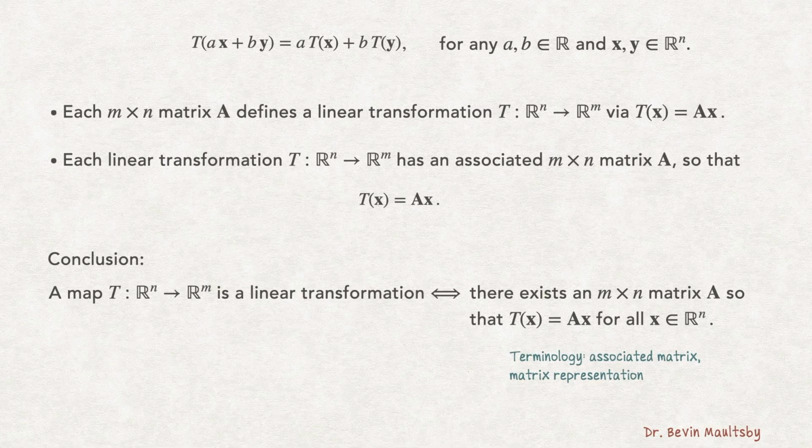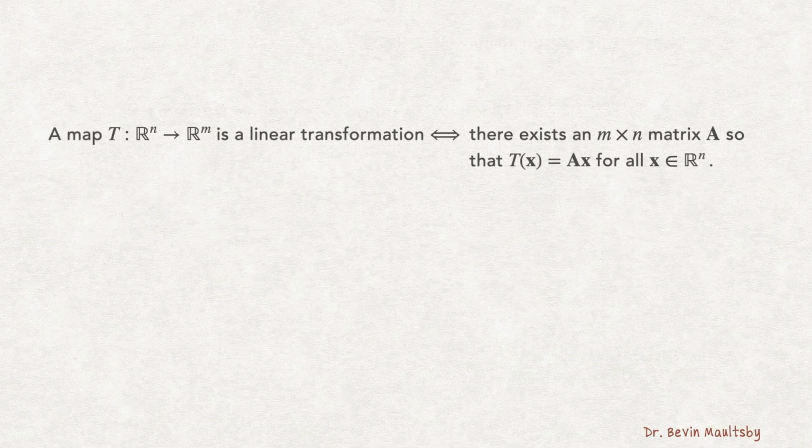So they're not the same, but they are closely linked. For a linear transformation, you can say that you have an associated matrix A, or you have a matrix representation. A defines the action of a linear transformation. So just be careful that when you look at a matrix, you don't call it a linear transformation. Rather, you recognize that it describes the action of a linear transformation. Okay, getting a little bit pedantic, so let's move on.